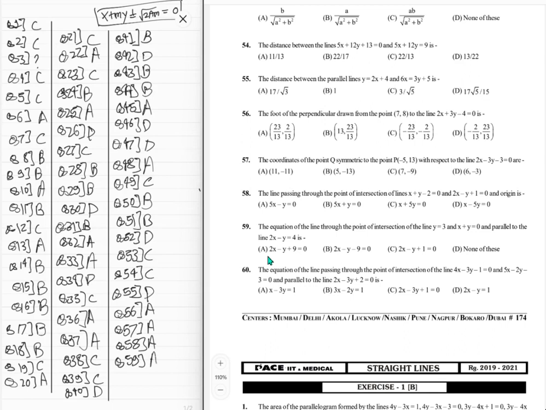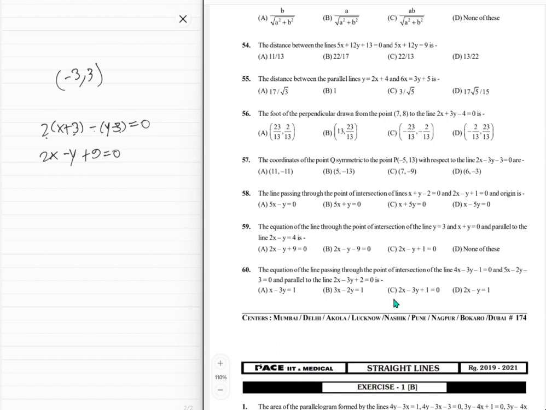Okay, so number 60. The equation of the line passing through the point of intersection of the lines, parallel to this line. So like trying the same thing as before, maybe.